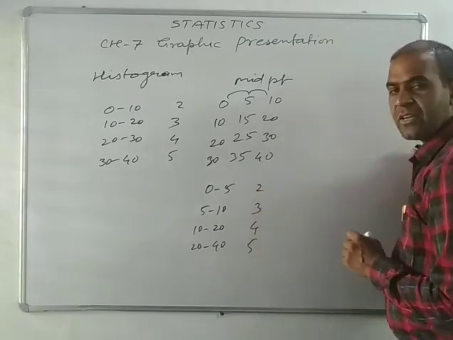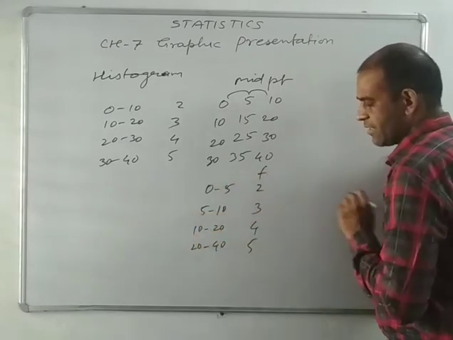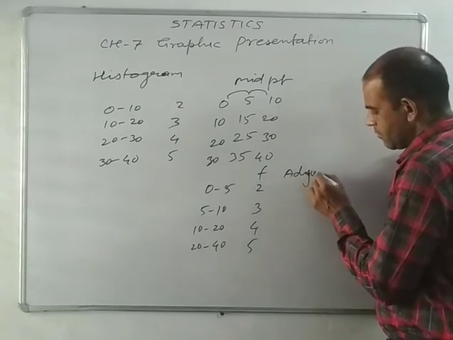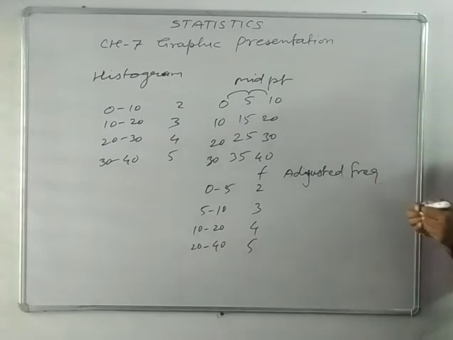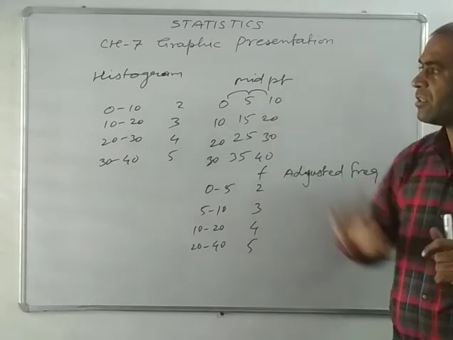So we will find the adjusted frequency. So these three types of data are given for drawing the histogram.